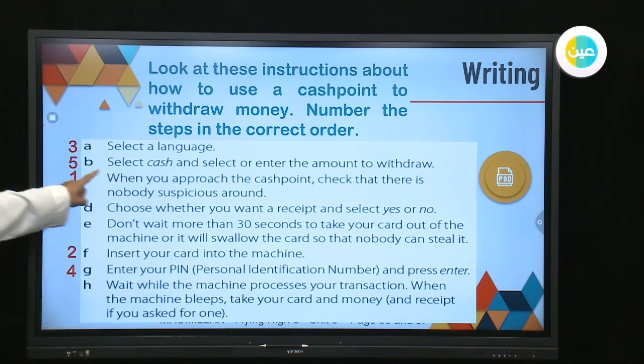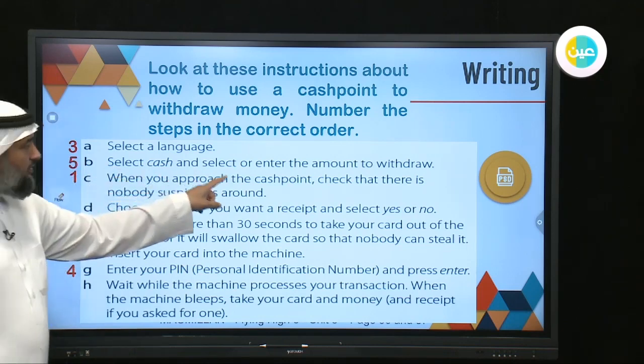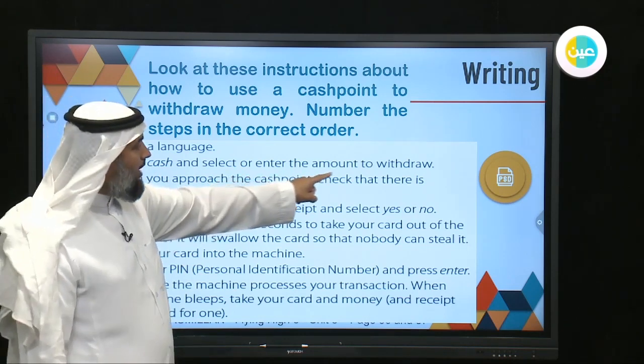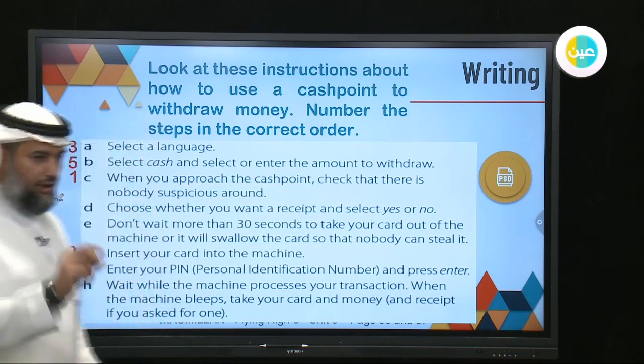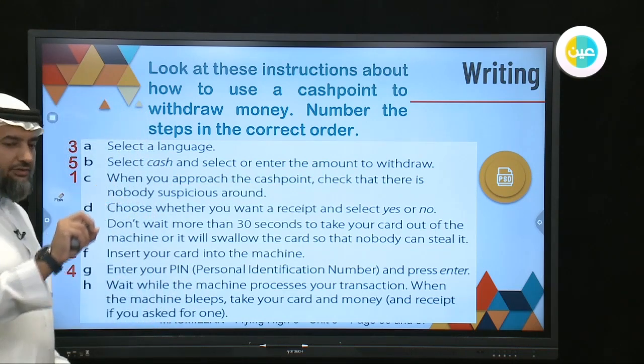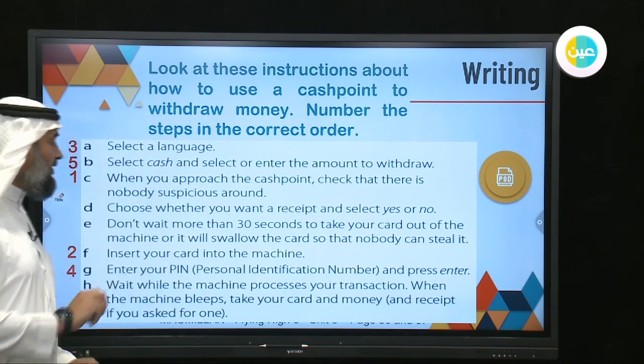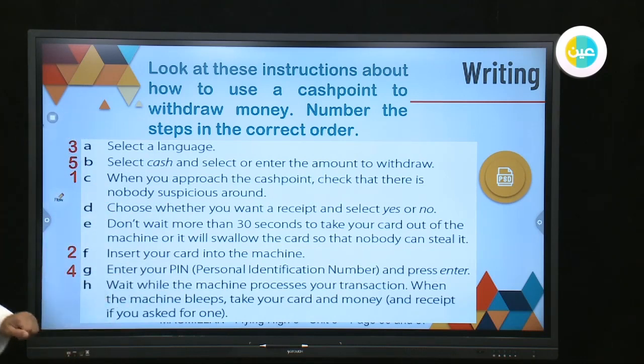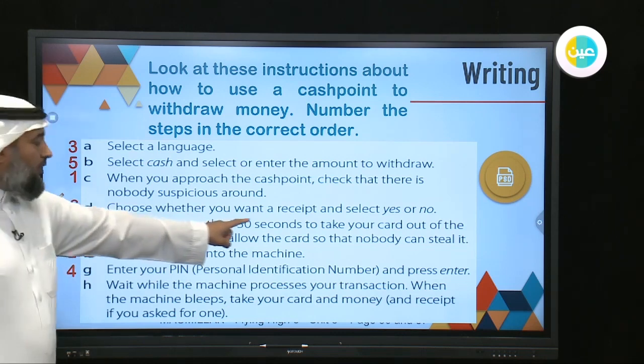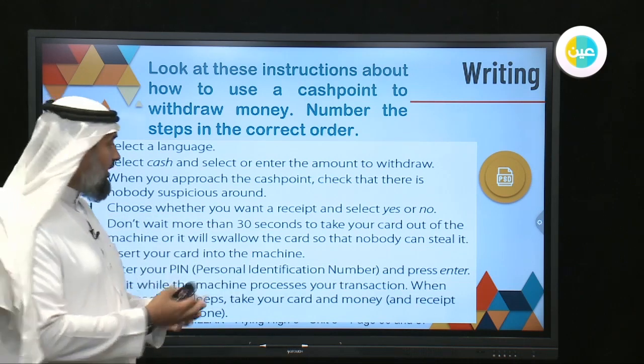5, select cash and select or enter the amount to withdraw. Either you select the cash, 100 riyals or 200 riyals or 500, or you can enter the number. 6, choose whether you want to receive a receipt.